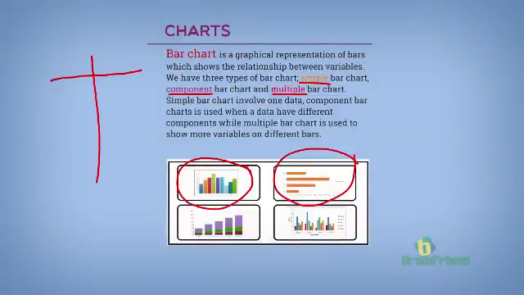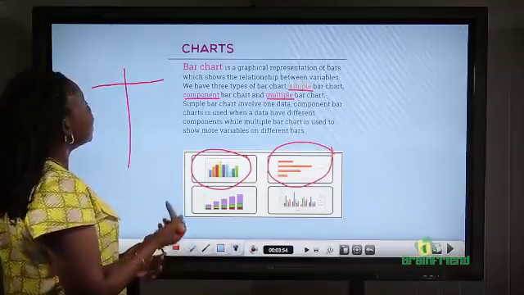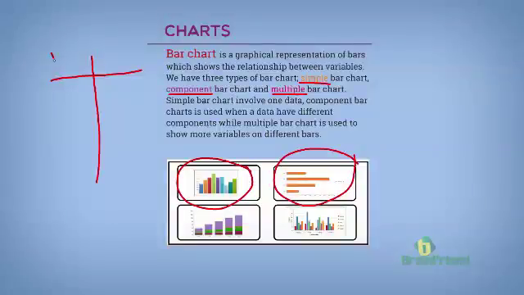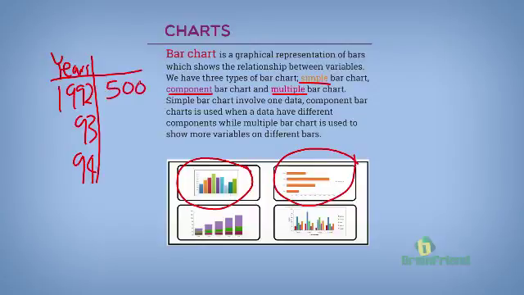For example, let's look at the quantity of apples produced in 3 years: 1992, 93, and 94, and we have 5,000 in this year, 7,000 in this year, and 9,000.